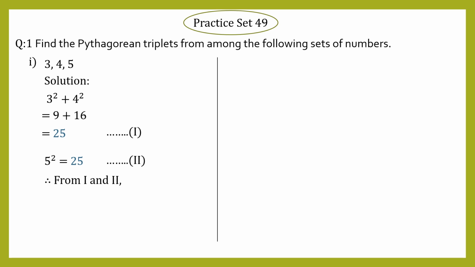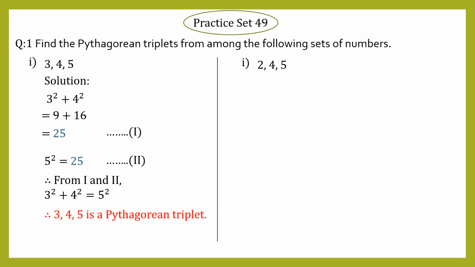So from 1 and 2 we can write, therefore, 3 square plus 4 square is equal to 5 square. So the set of three numbers 3, 4 and 5 satisfy Pythagoras theorem. Therefore, 3, 4, 5 is a Pythagorean triplet.